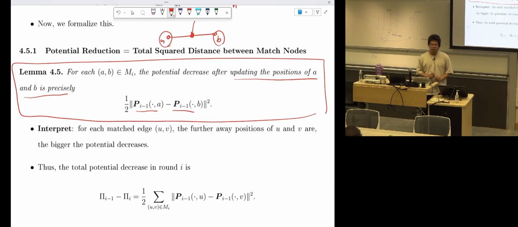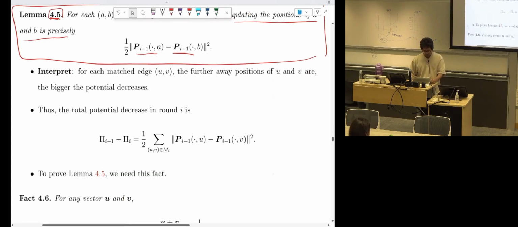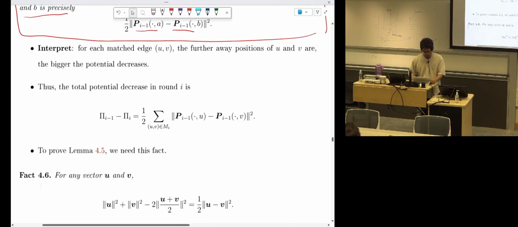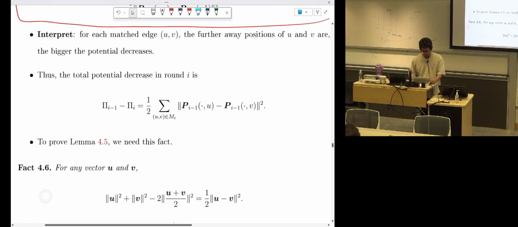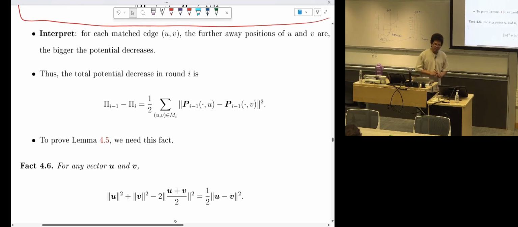This Lemma 4.5 really gives us a precise understanding of how the potential decreases. So let's now prove 4.5. To prove 4.5, I will need this fact. It's some algebra.